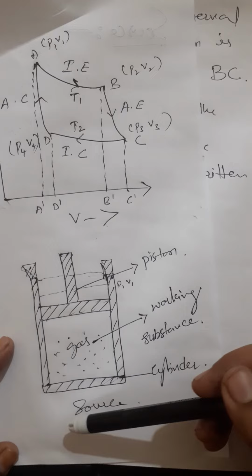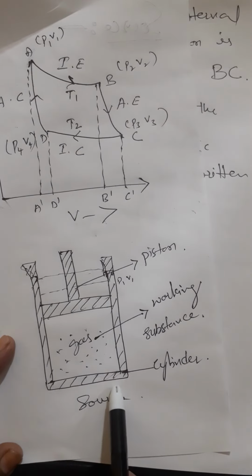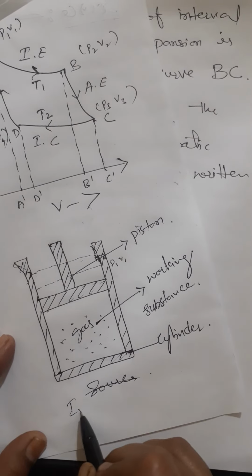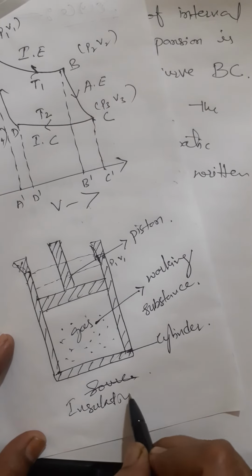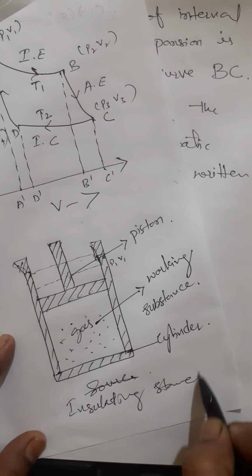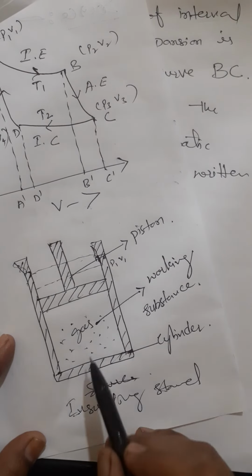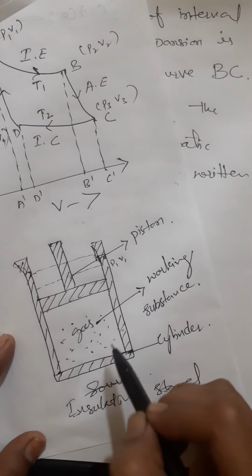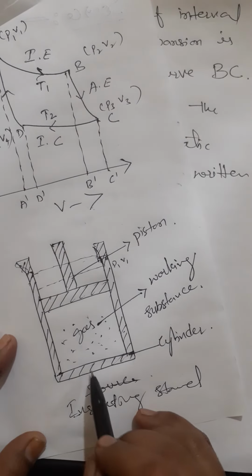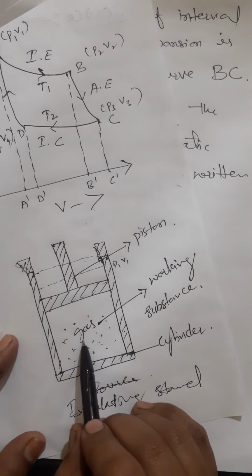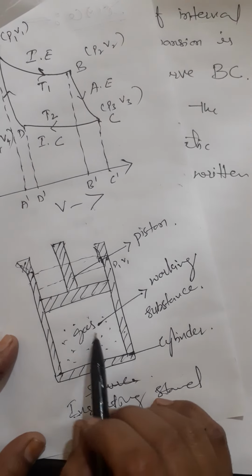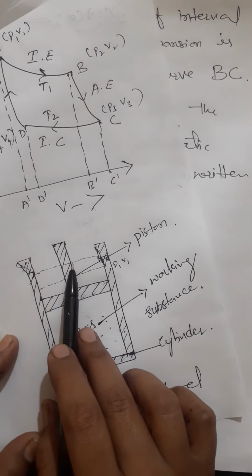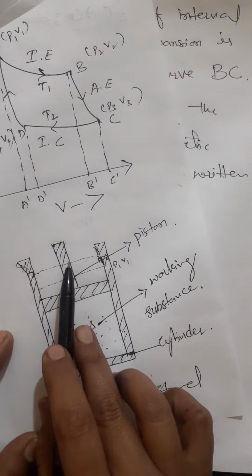At this position we are using an insulating stand, and the walls are also perfectly non-conducting, so heat neither enters nor leaves the system. The gas utilizes some internal energy and does work when you move the piston upward.